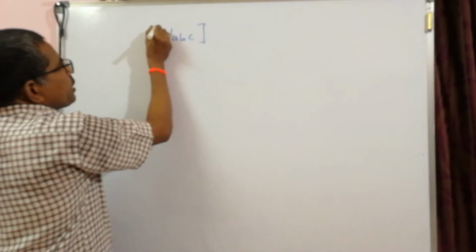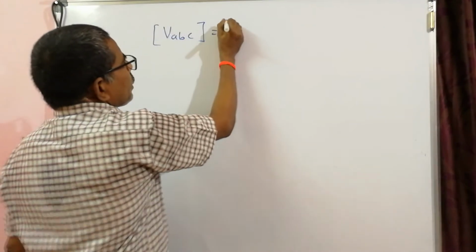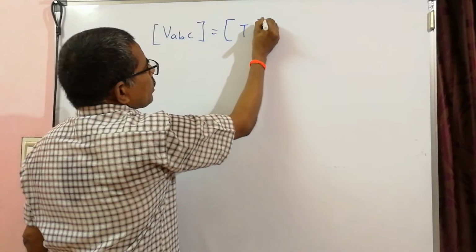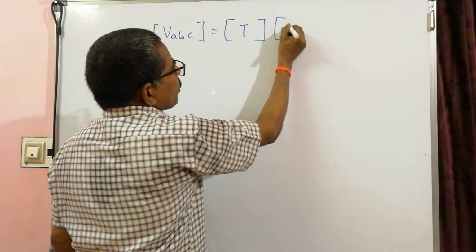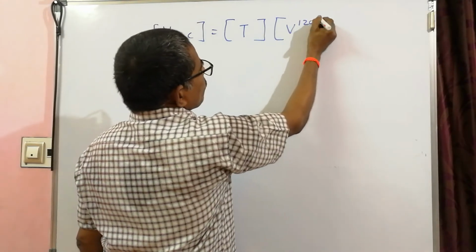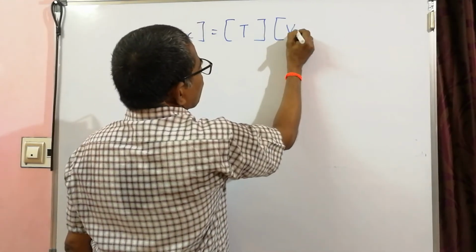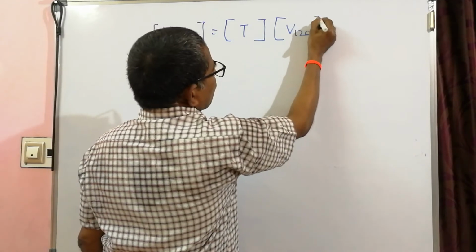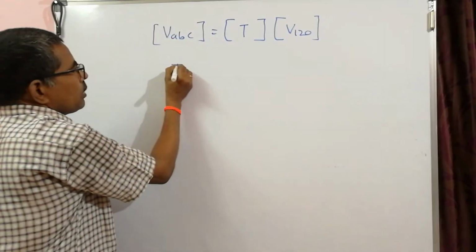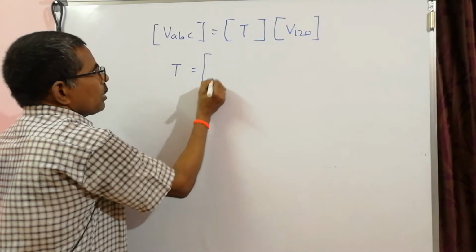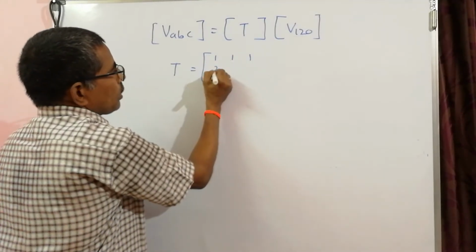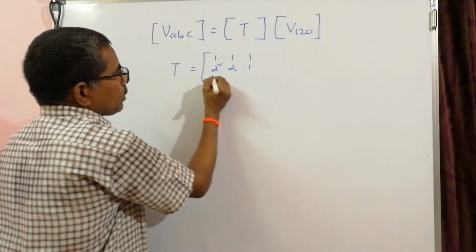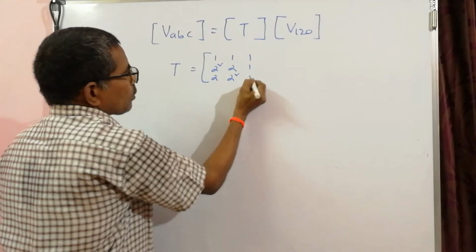Now this VABC is T multiplied by V1 to 0. Okay. And what is this T? T is 1 1 1, alpha square alpha 1, alpha square 1.